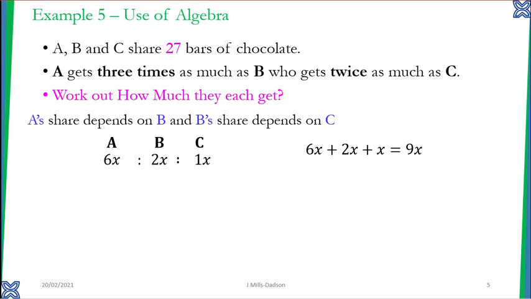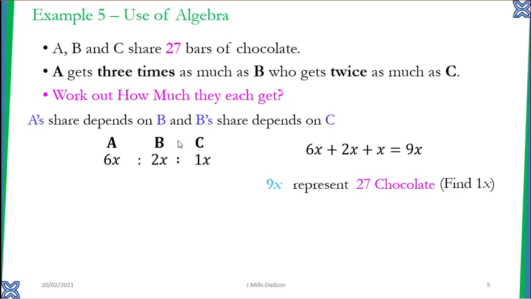9x. So remember what we normally do when we add the parts, we say that's the total parts, and the total parts represent the total number given to us, and we work out one part. So that means that 9x represents 27 chocolate. Let's work out what 1x will represent.